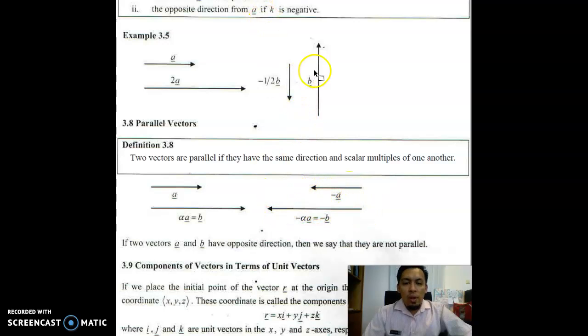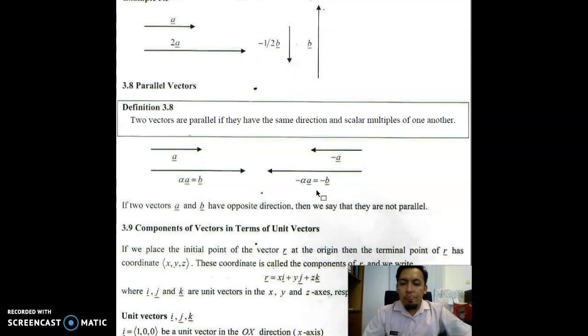If they point in different directions like this, it is not parallel. So this is parallel, and this is not parallel. Basically they are parallel if one is obtained from scalar multiplication. However, it should be in the same direction. That is a parallel vector. Other than that, it is not parallel.